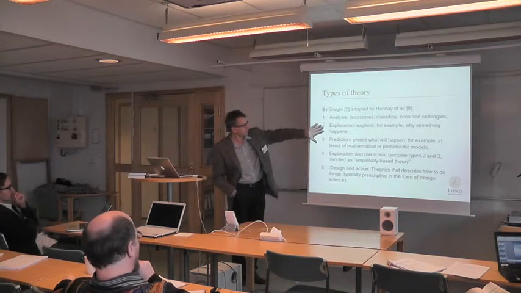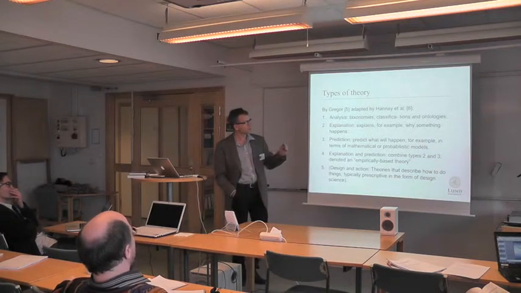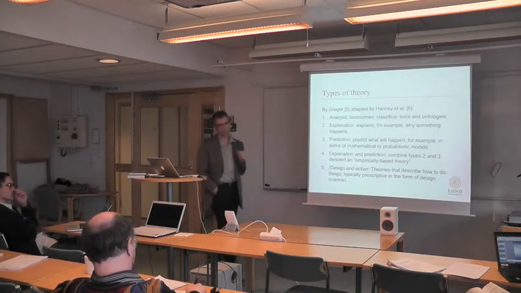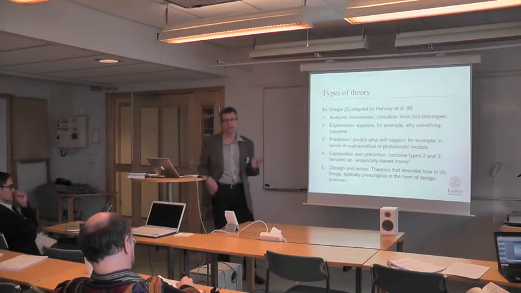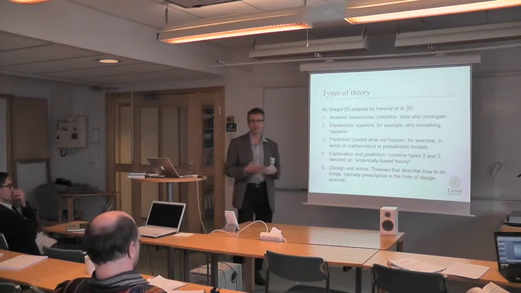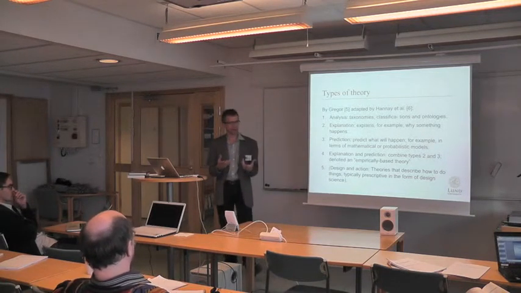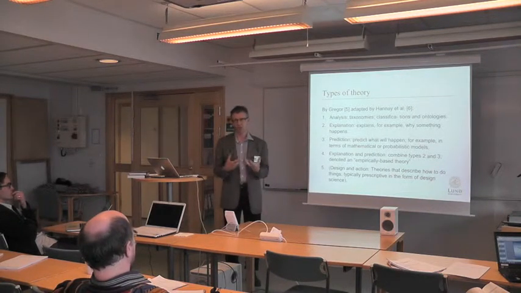But taking those 3 distinct ones, analysis theories include taxonomies, classifications, or ontologies used to analyze. So they basically do not state anything about how things relate to each other, only that this is a kind of structure.